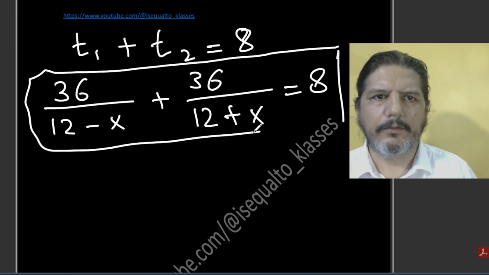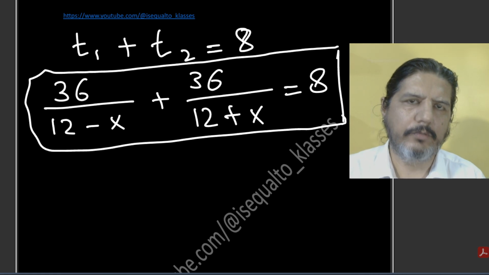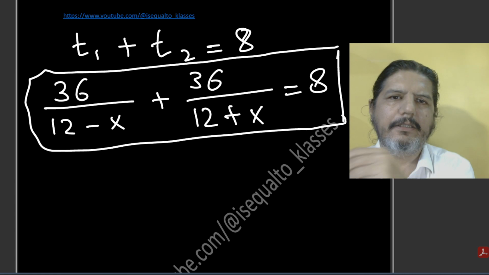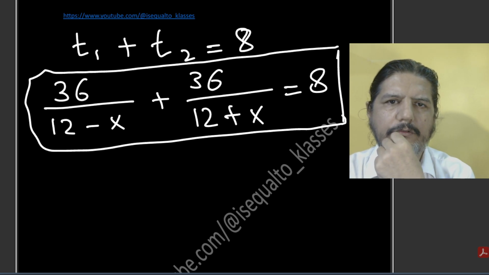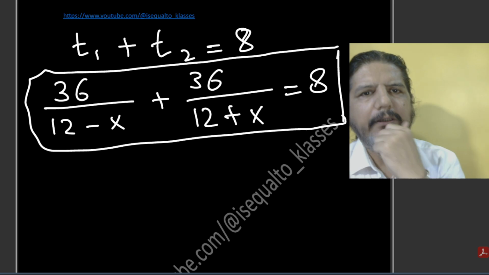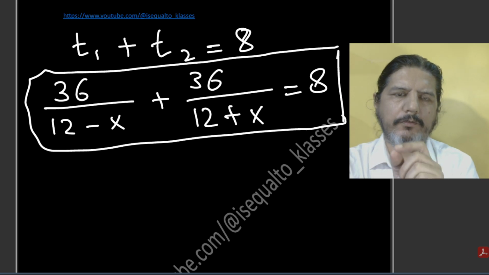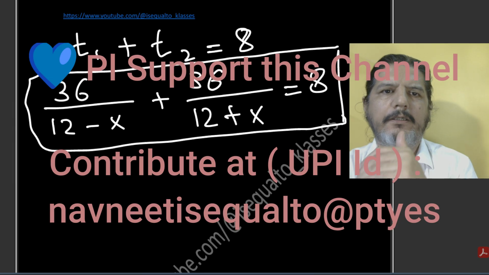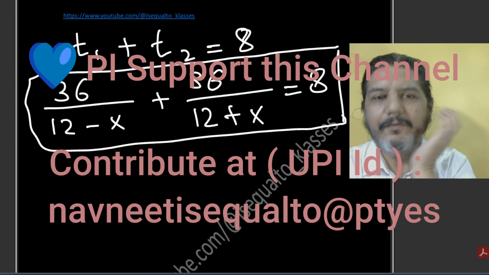Now, these kind of questions, the river questions, are usually tough. Students face a lot of difficulty when they are solving this, and it takes time when you are doing these questions the first time. And the second problem in these kind of questions is that this becomes a fractional algebraic equation, which is a bit difficult to solve.